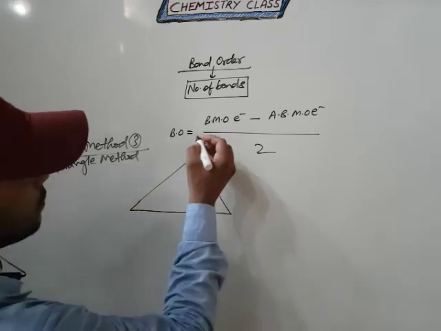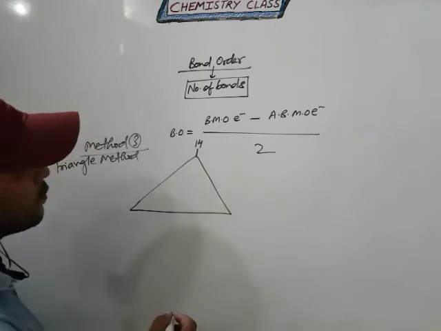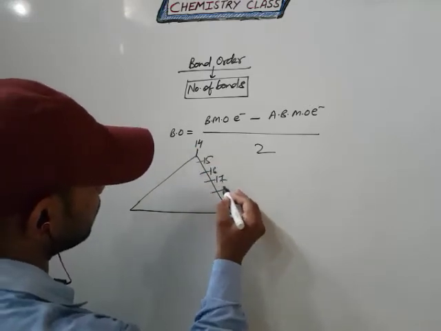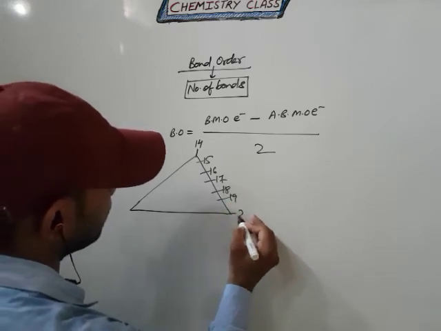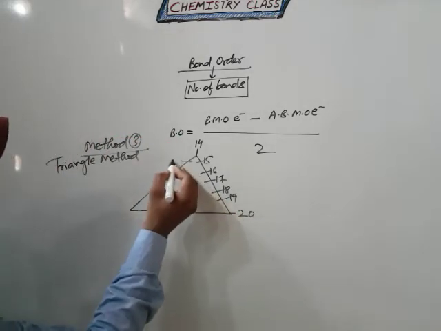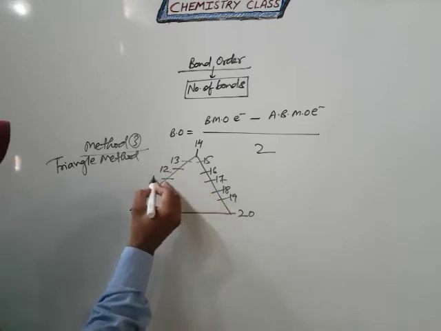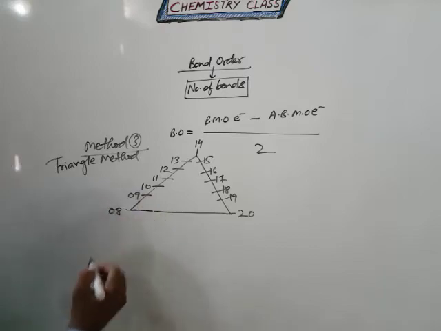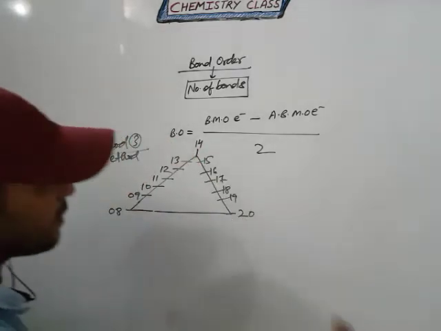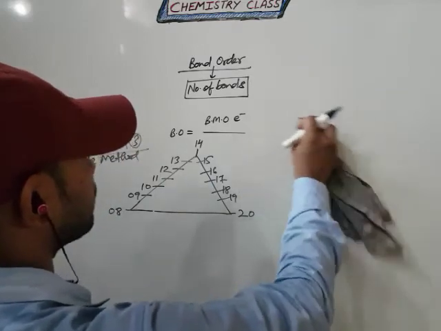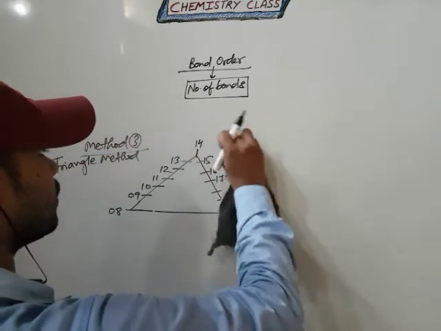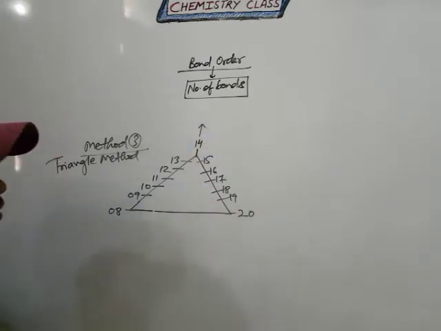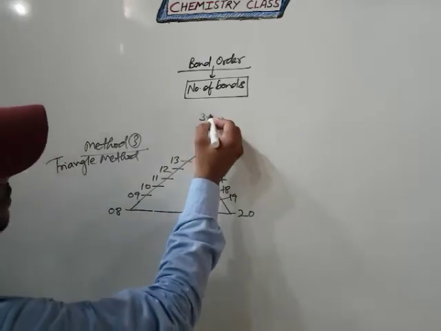Clear? So in this case, here is 14 electrons, then 15, 16, 17, 18, 19 and the final is 20. And 8, 13, 12, 11, 10, 9 and 8. So this is our triangle and the fixed point is 14. If the total electron count is 14, the bond order is 3.0.